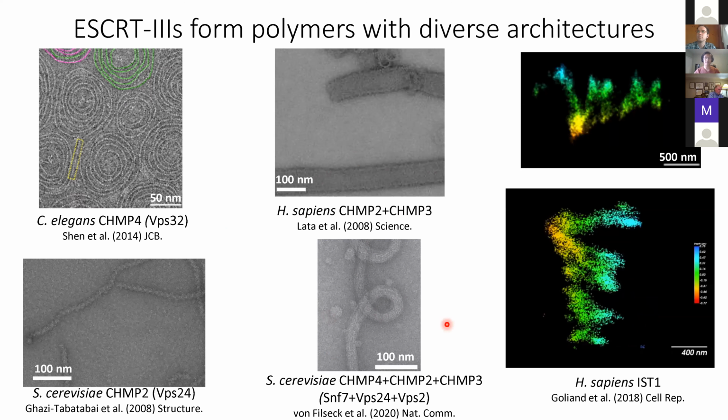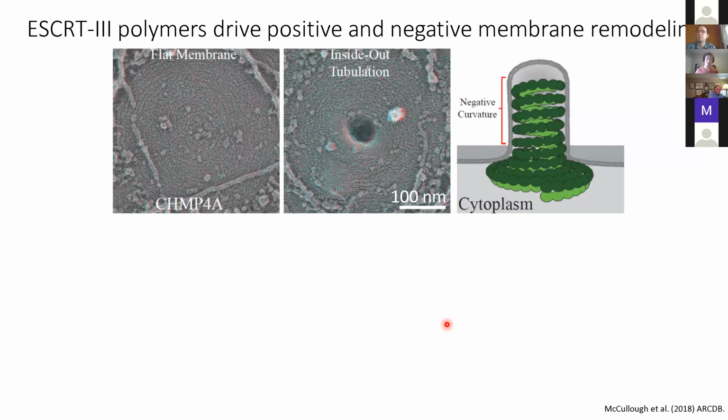So ESCRT-III proteins drive what we call positive and negative membrane curvature. What I'm showing you here now is a deep etch EM image from Phyllis Hanson. This is a flat membrane. The canonical activity of ESCRT-IIIs is to stabilize negative curvature. So when this protein, in this case CHMP4A, polymerizes, this drives membrane tubulation into the screen.